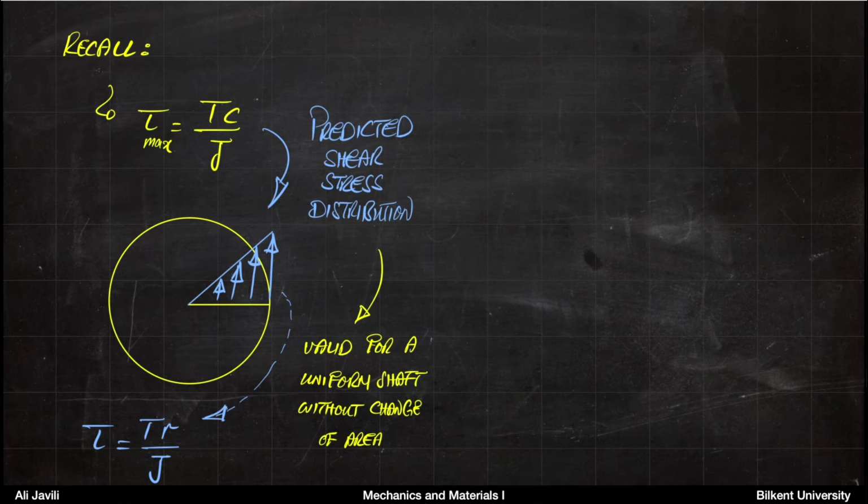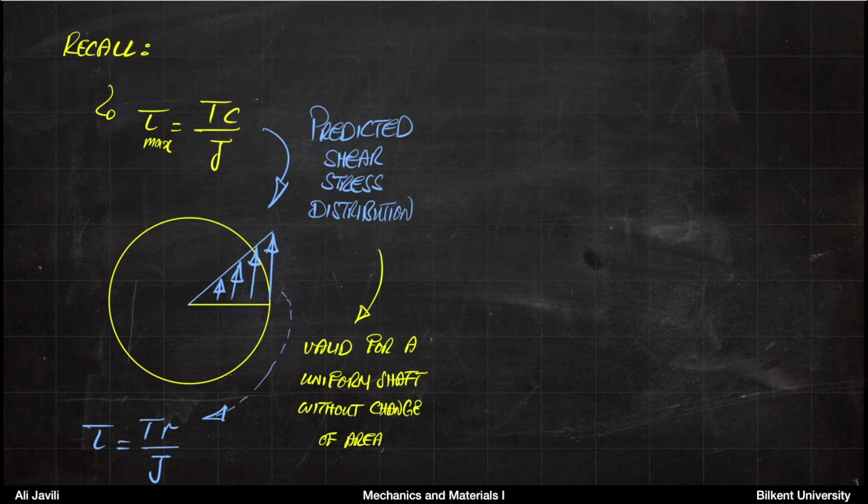Recall the formula for maximum shear stress if we did not have a stress concentration factor. This is for a uniform shaft, where there is no stress concentration yet, and this is what we have done before.